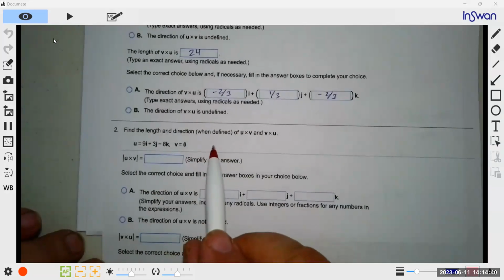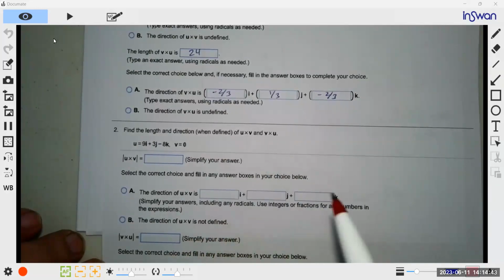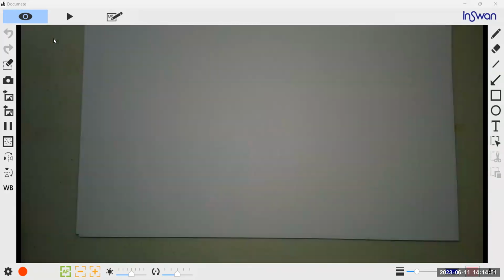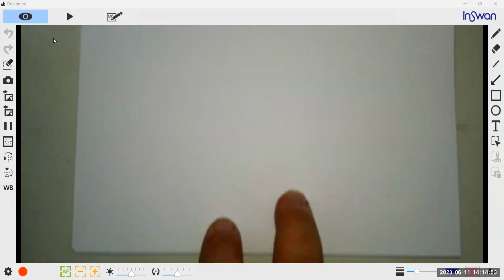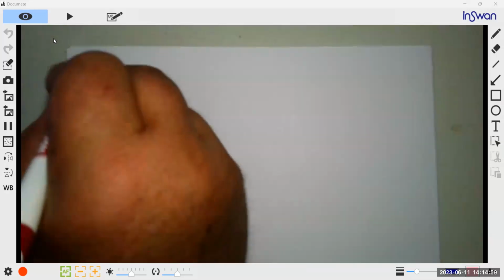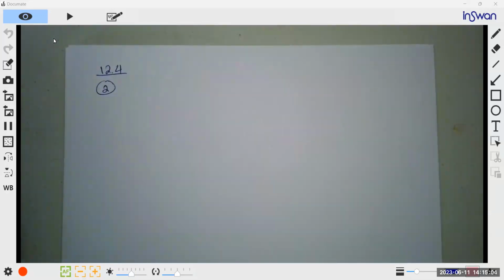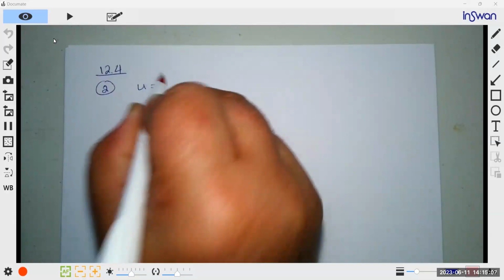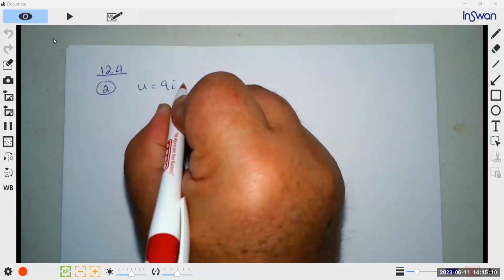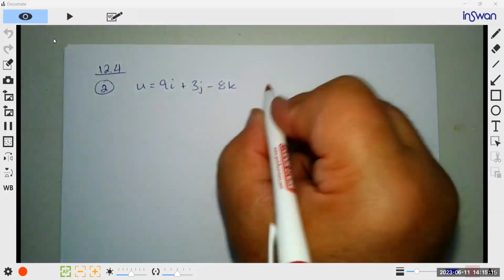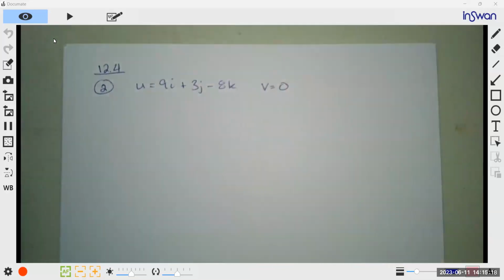Find the length and direction of u cross v and v cross u. Could do the same thing again. Okay. Number 2. 9i plus 3j minus 8k, and the v vector is a 0.